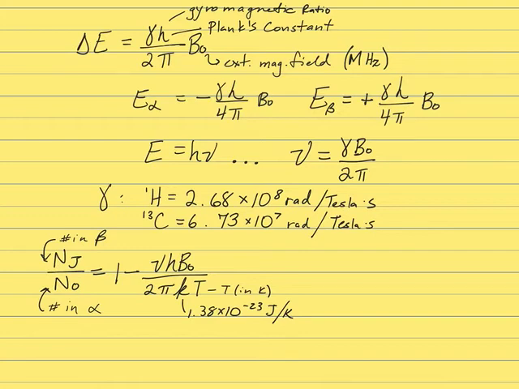So if you use this equation to calculate the relative number of species that should be in alpha versus beta, what you're going to find is typically there's a pretty small difference in distribution between alpha and beta.